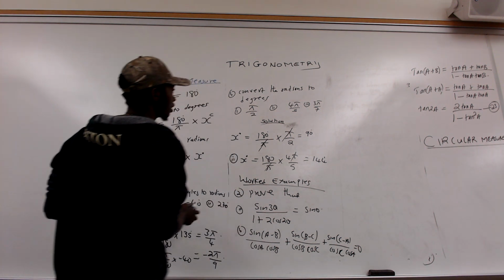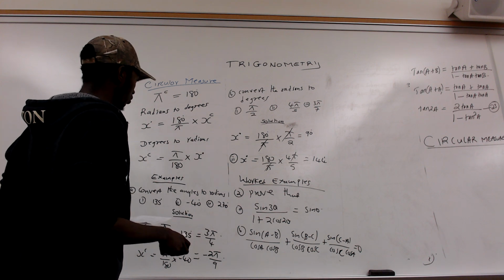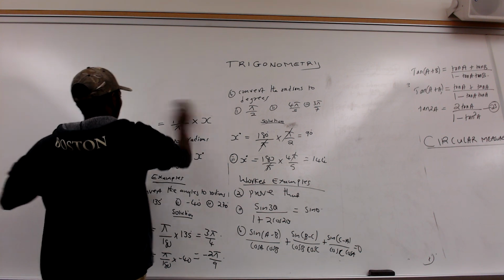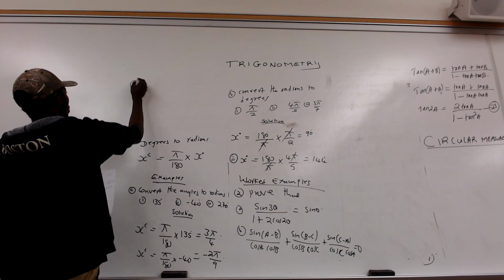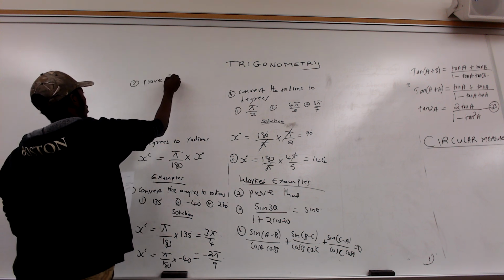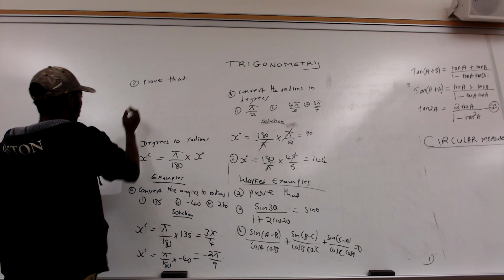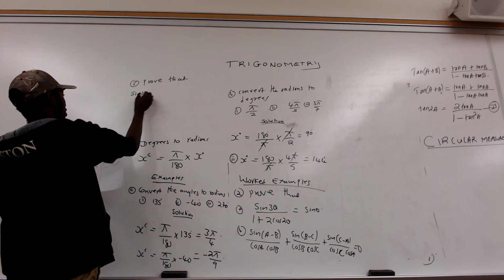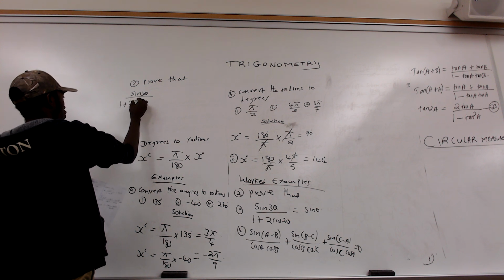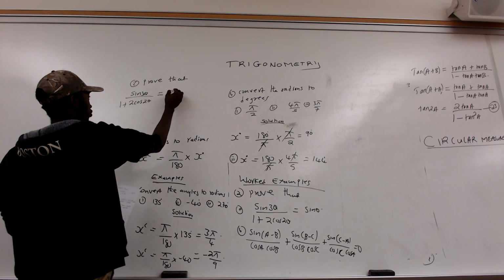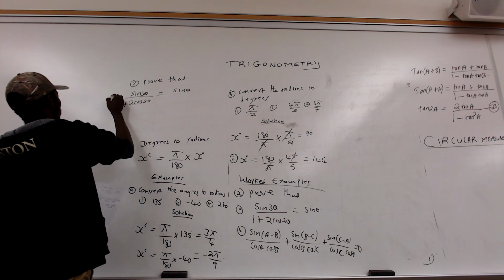would be, okay, let me just write them here. I think here will be the best. So example 2, let's say prove that sine 3 theta all over 1 plus 2 cos 2 theta must give us sine theta for the first part.